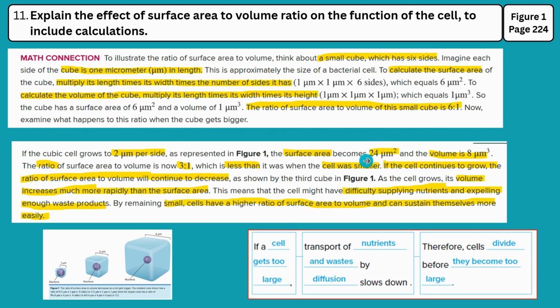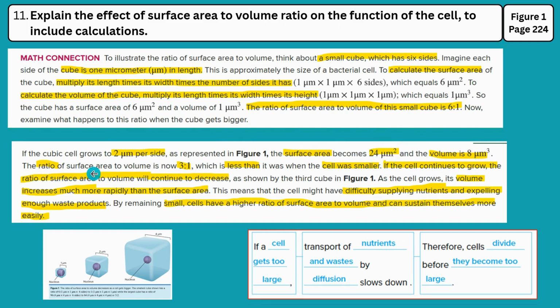What is the volume? Volume will be 2 times 2 times 2, just like we did here, the length into width into height. Cube has all equal sides, so 2 multiplied by 2 multiplied by 2 will give you 8 micrometer cube. So the surface area is 24 and the volume is 8.